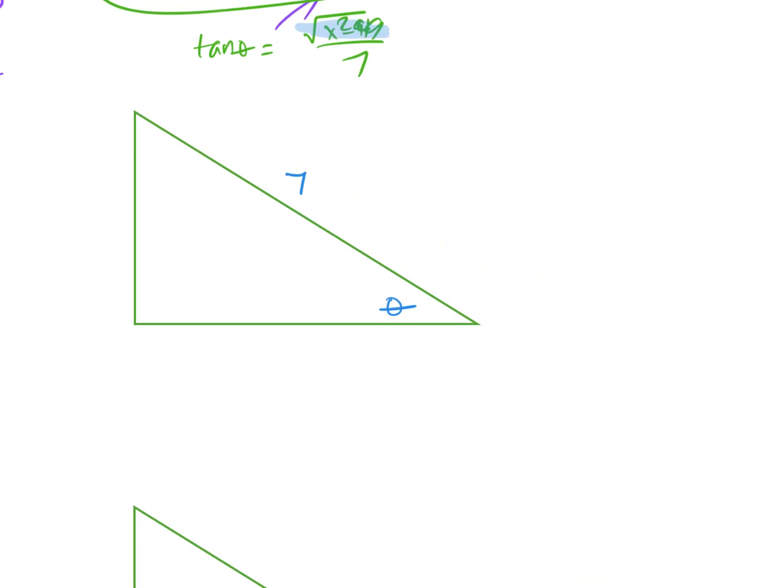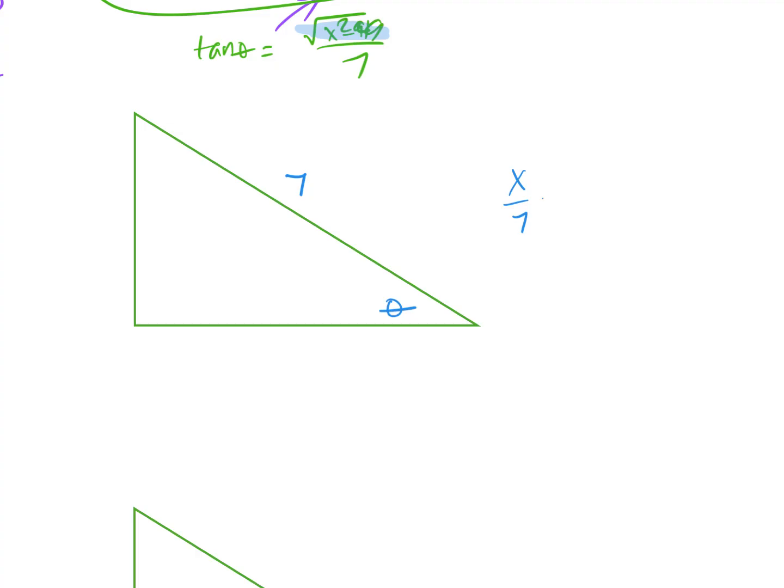I need to write x over 7 is equal to a trig function. Which one is it? If I'm trying to keep it in sine, secant, and tangent, my x would go right here. That's my way of thinking about it.